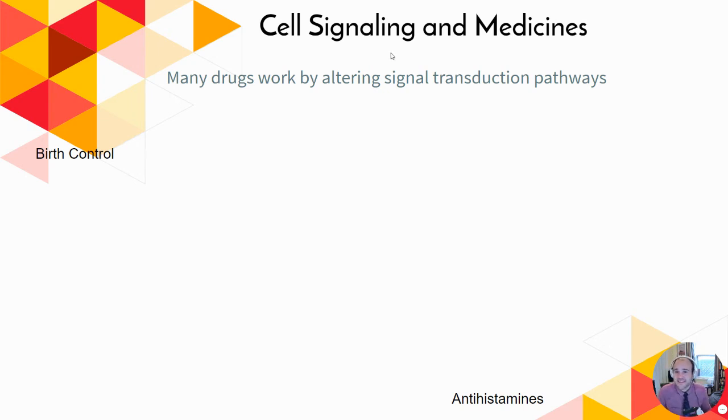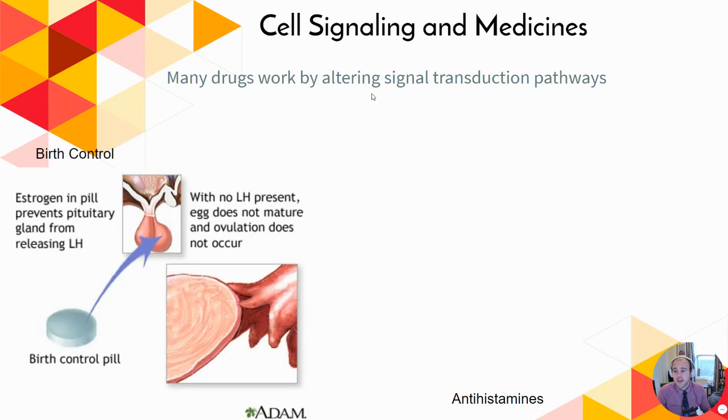And when we talk about these cell signaling pathways, this is a huge area of study for medicine, is how we turn on and off certain genes and proteins through these signal transduction pathways. So for example, birth control, we use hormones to make sure that ovulation does not occur.